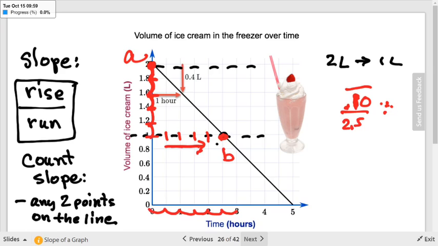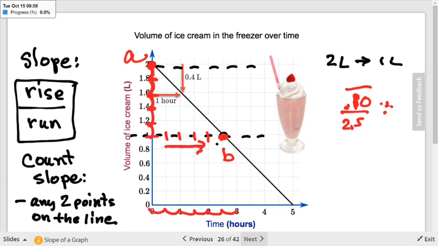0.1 divided by 2.5. Just use a calculator if you have one. Anybody? No? 0.5. Is it? 0.5.